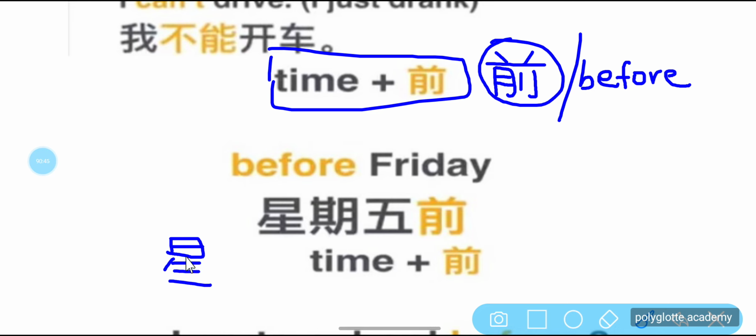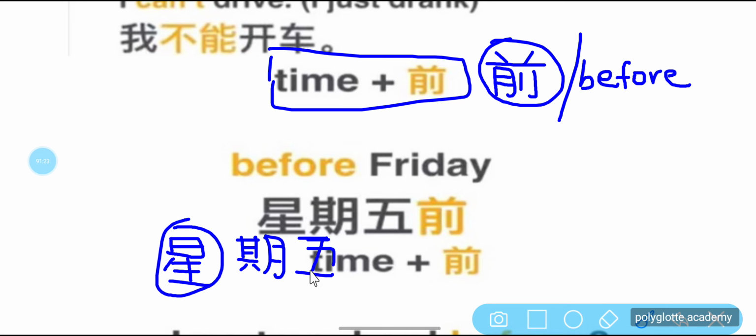So we have here Xing, which is a star. Xing Ye, I've never broken down this character. Xing means star. Qi means to schedule. Xing Qi is something like talking about a time schedule. Xingqi wu, wu here is 5.